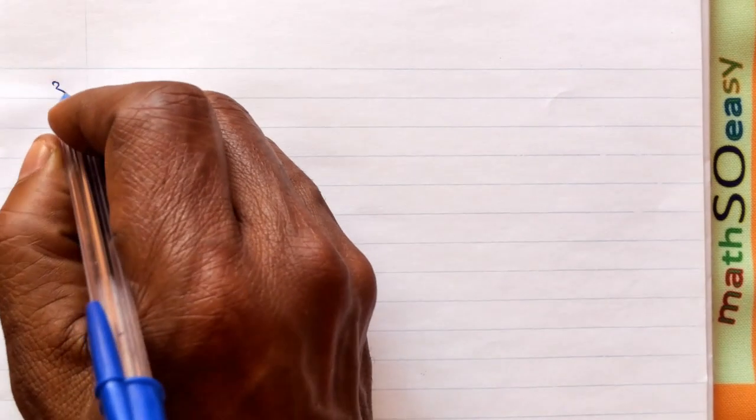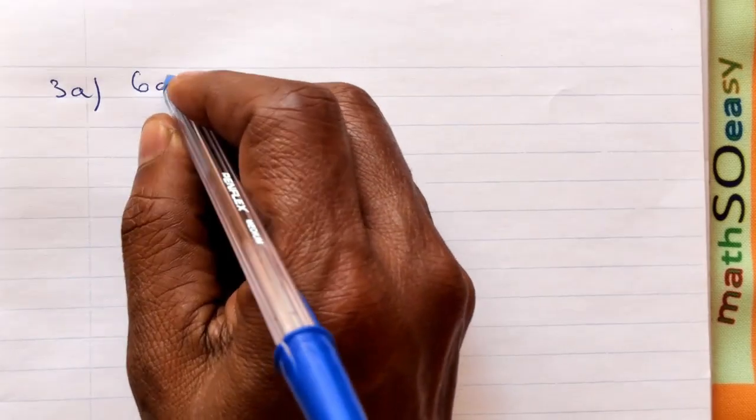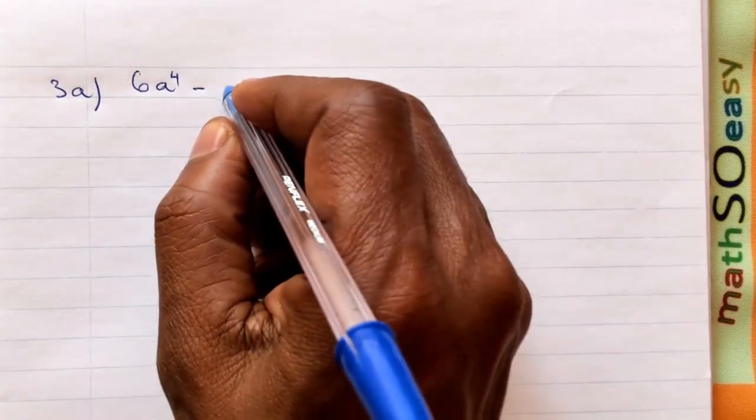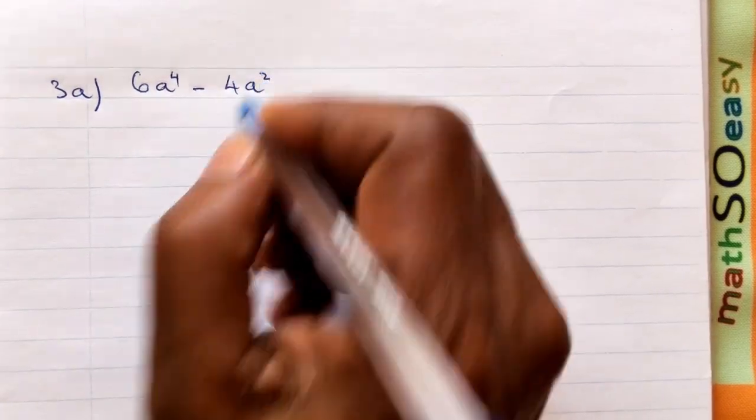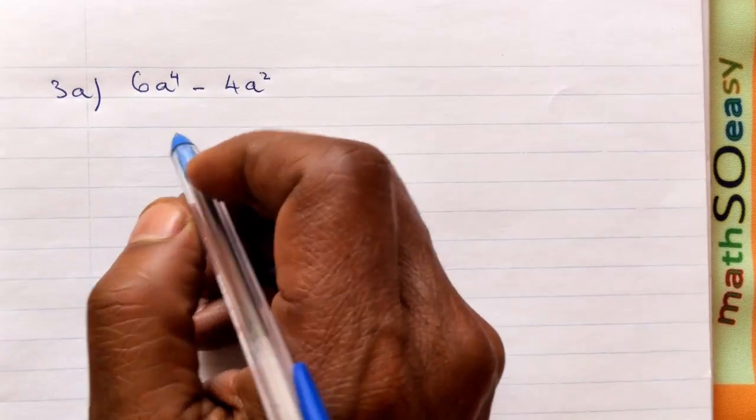All right, remember, we push ahead. We try now. Number 3, factorization. So we have our 3a. What did they give us there? Well, they gave us 6a to the 4, and then 4a to the 2. Okay. Right, so I'm going to do things bit by bit.